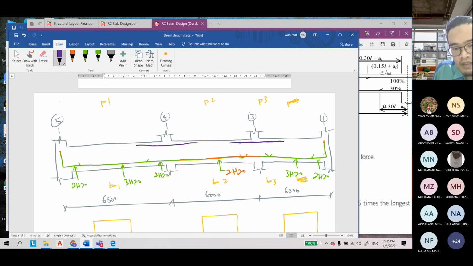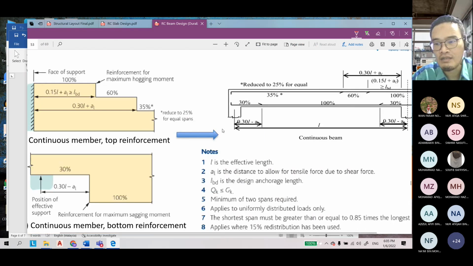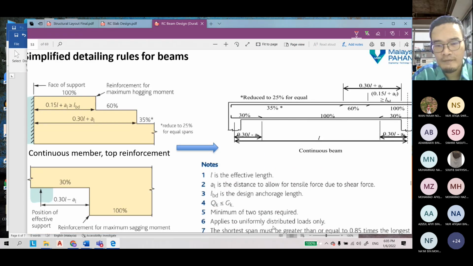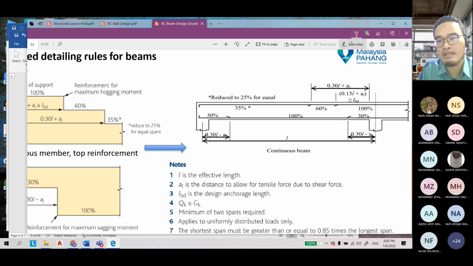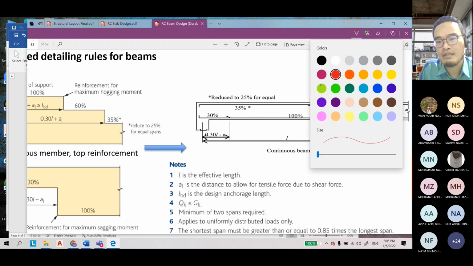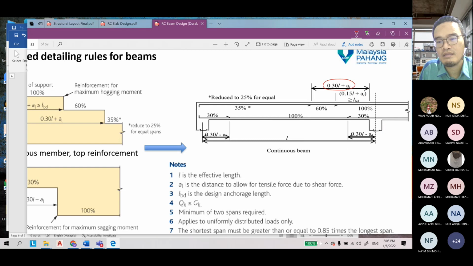Here also 4H20. 4H20, here is also 4H20. Okay, just use similar like this one. Okay, this is, okay, this one, dia ada dia punya syarat dia lah. This is the distance. Okay, the distance. This is the distance.